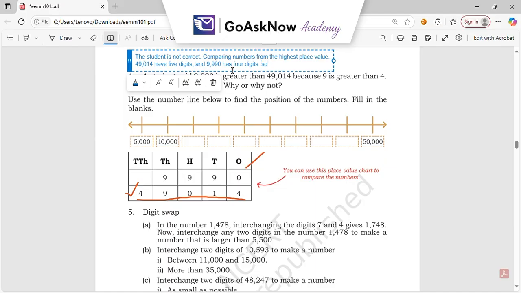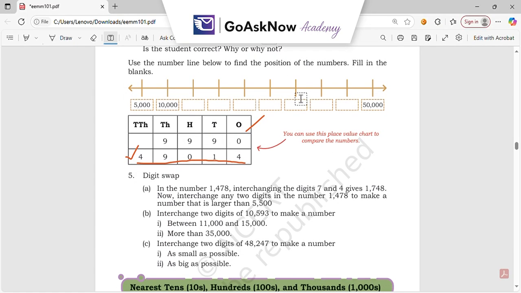So 49,014 is greater than 9,990. This is the answer for question 4.